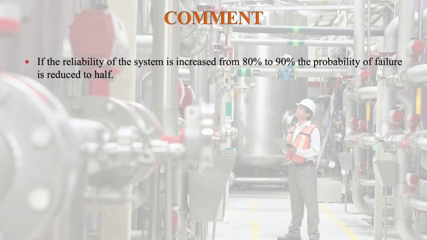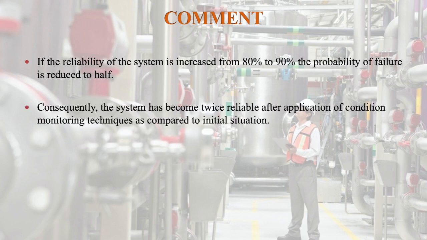Comment: if the reliability of the system is increased from 80% to 90%, the probability of failure is reduced to half. Consequently, the system has become twice as reliable after application of condition monitoring techniques as compared to the initial situation. So this is the advantage of a maintenance management system or condition monitoring system.